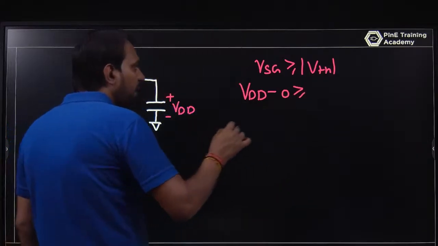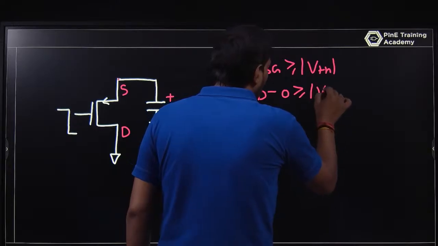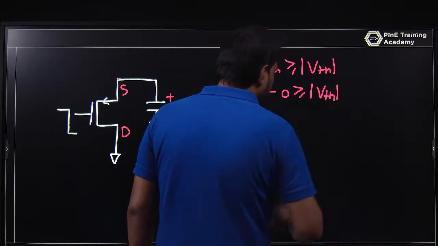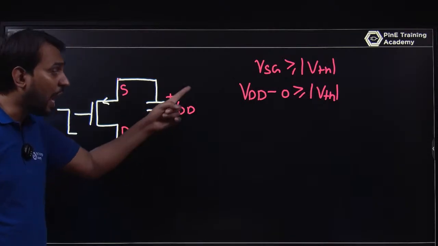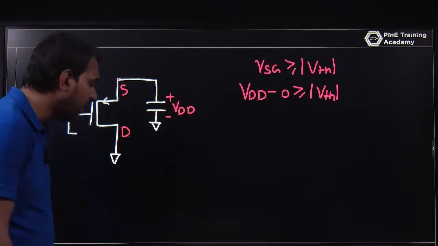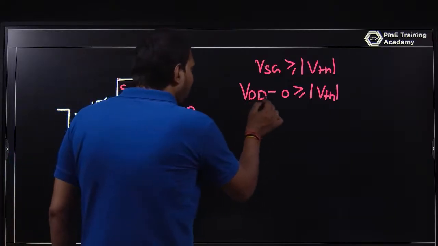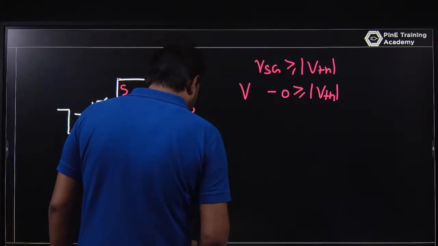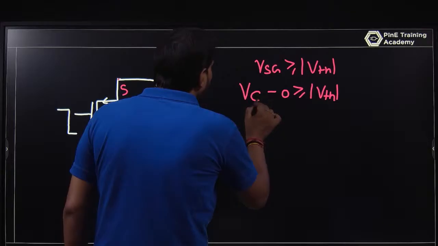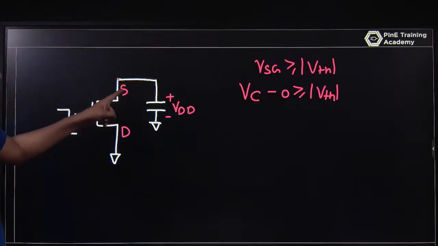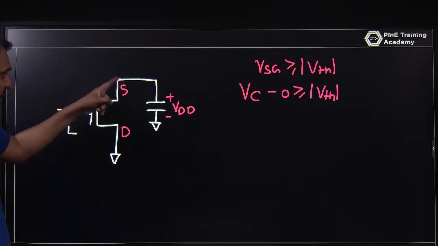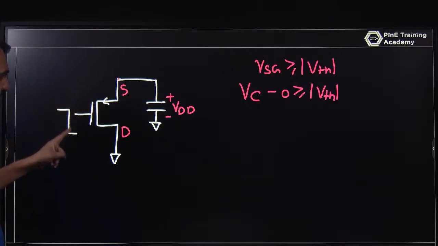But this VDD is the capacitor voltage, not a DC voltage. So I am writing not VDD but VC, the capacitor voltage at the source side. So VSG is VC minus 0, which must be greater than or equal to VTH.